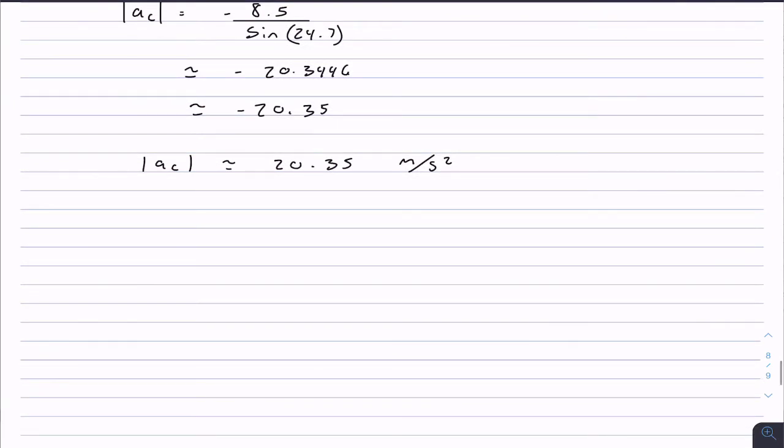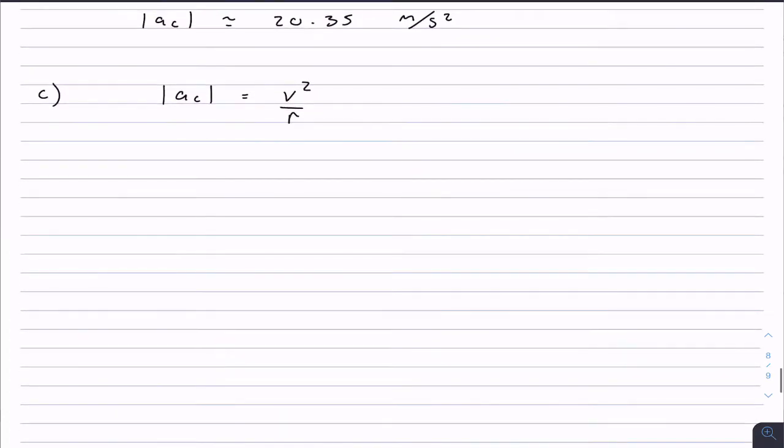Now, using this information, we can also find the velocity and the speed. Recall from the summary in your book, you'll have this relationship, v squared over r. Now we know r and we know the acceleration, so we have only one unknown in our equation.